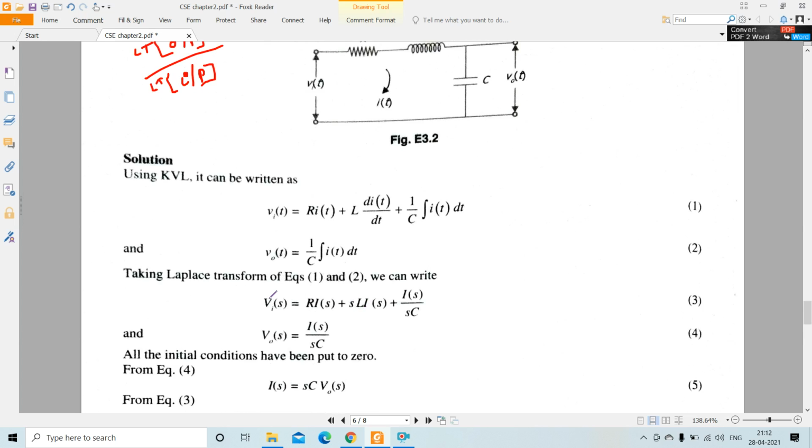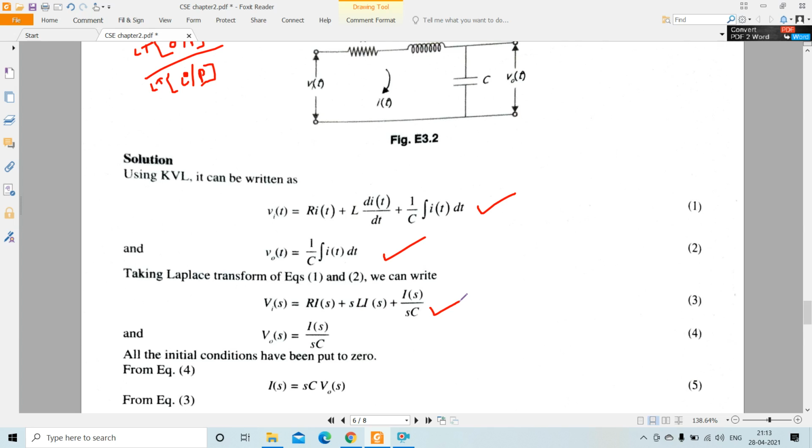After taking the Laplace transform of equation 1 and equation 2, we get Vi(s) is equal to R into I(s) plus L into s into I(s), since the Laplace of the derivative of i(t) is s I(s), plus again 1/C times the integration of i(t) dt, whose Laplace transform is I(s)/s.